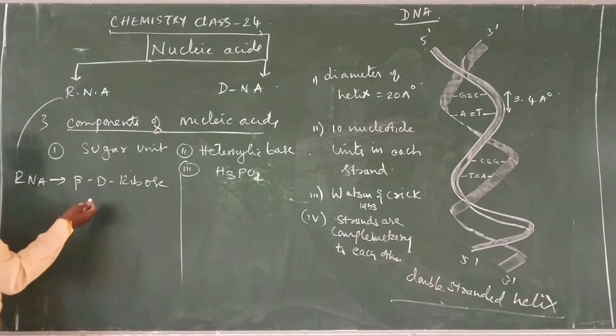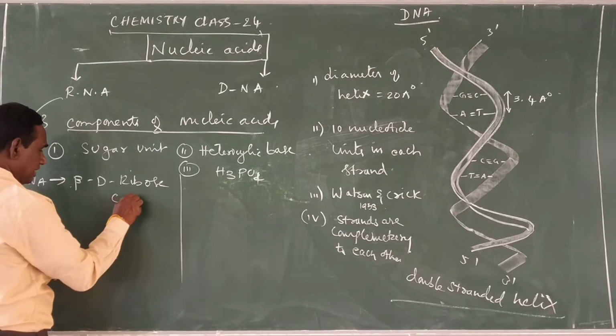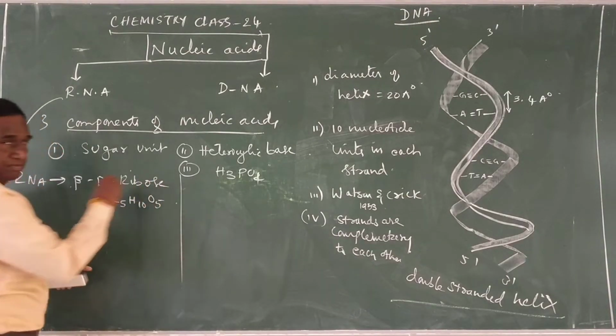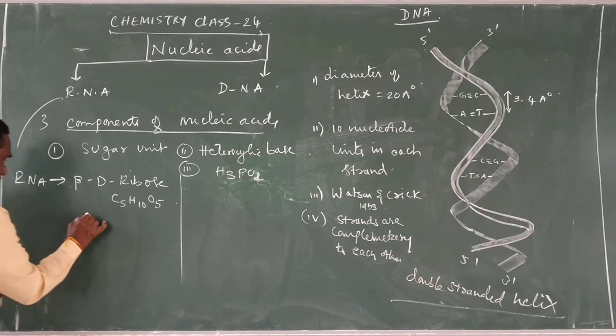This beta D ribose has the formula C5H10O5, and its structure is like this.